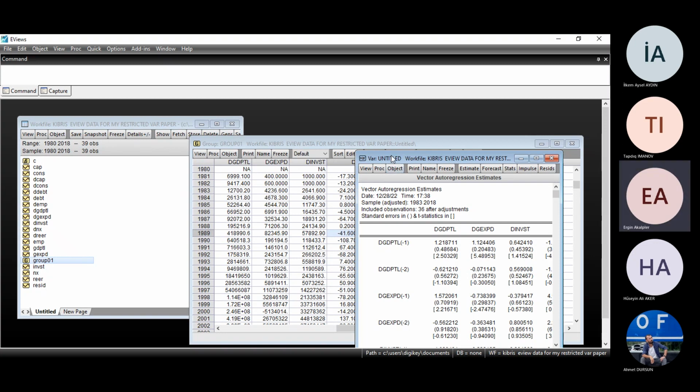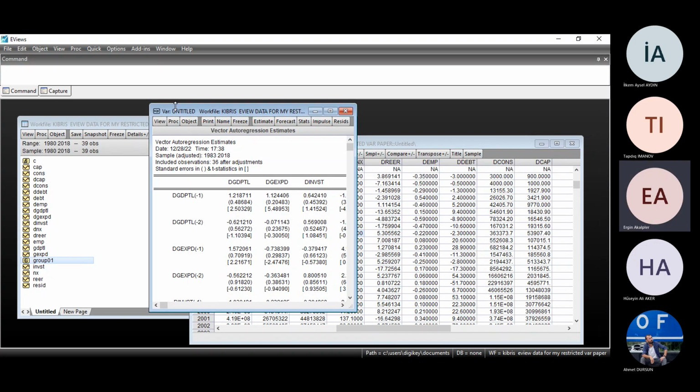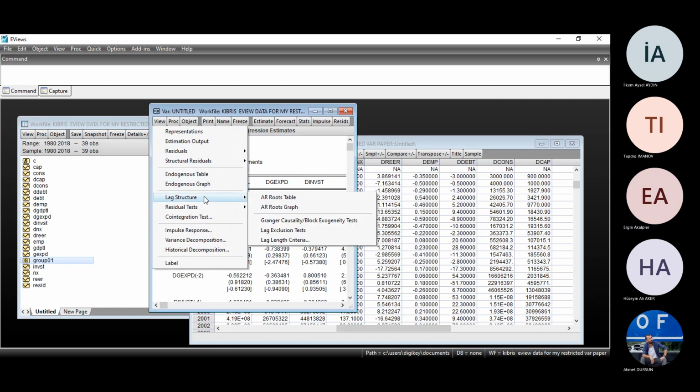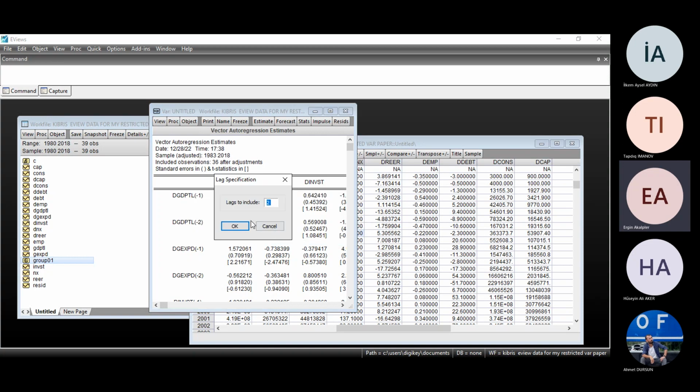Then we have here the vector autoregressive estimation. We are still in progress to estimate the model. We go to View, Lag Structure, Lag Length Criteria, because we have to determine which criteria we are using.